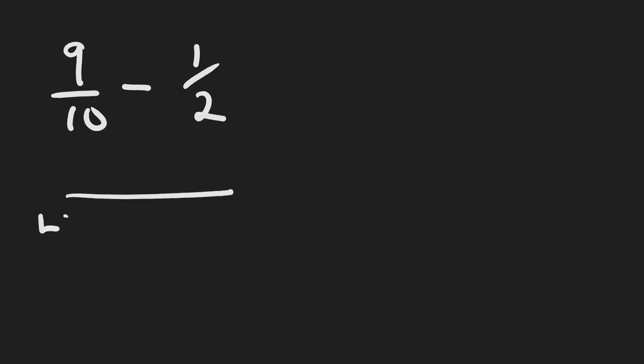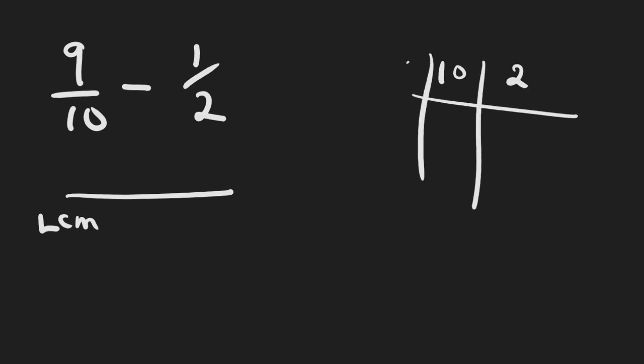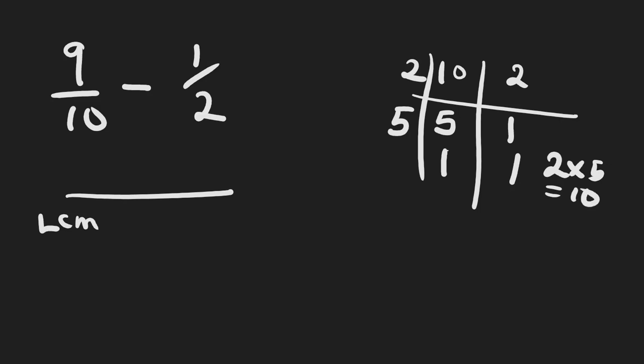So the LCM of 10 and 2. 2 can go. 10 divided by 2 is 5, and 2 divided by 2 is 1. What can go? 2 cannot go. 3 cannot go. Remember, we only use prime factors. 5 can go. 5 divided by 5 is 1 and 1. So the LCM is 2 times 5, which is 10. So come back here and write 10.